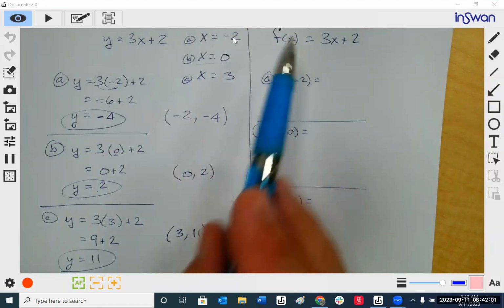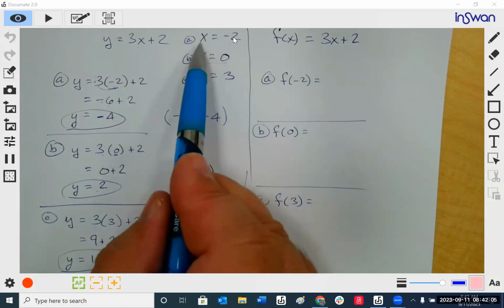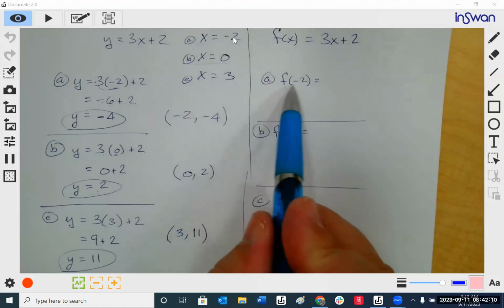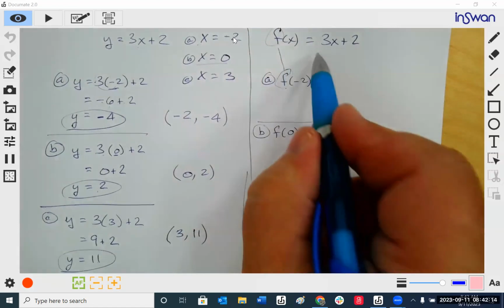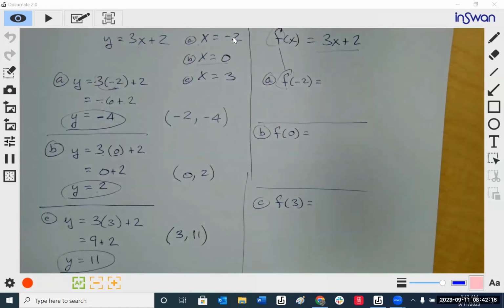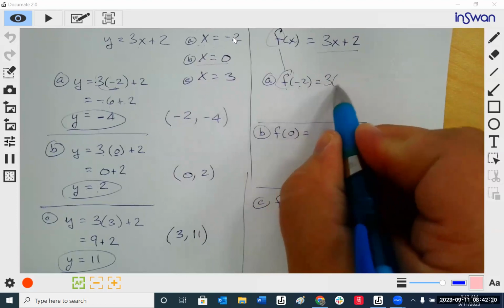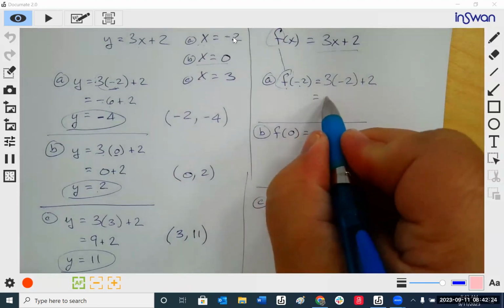So the first one, x is -2. Instead of having to backtrack everywhere you go, all you have to do is match this name with that name, and here's your function. Anywhere I see x in there, I put a -2 and then work it out.